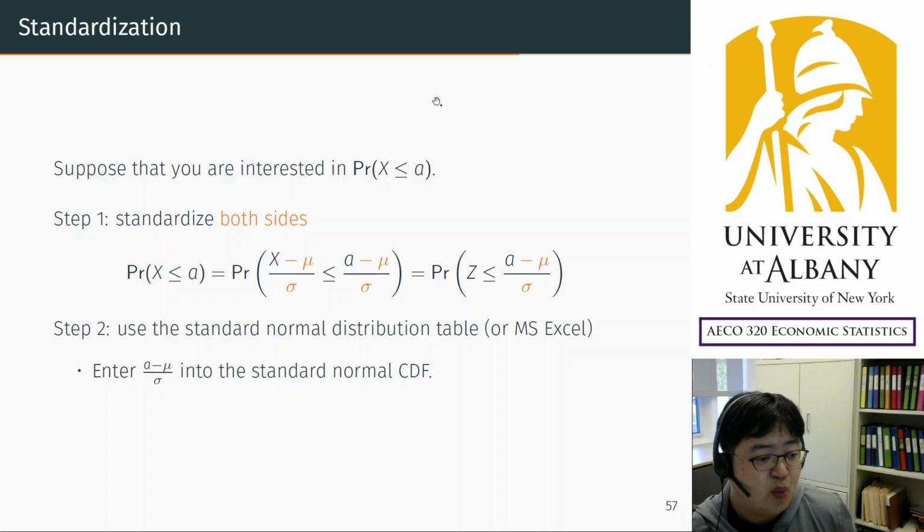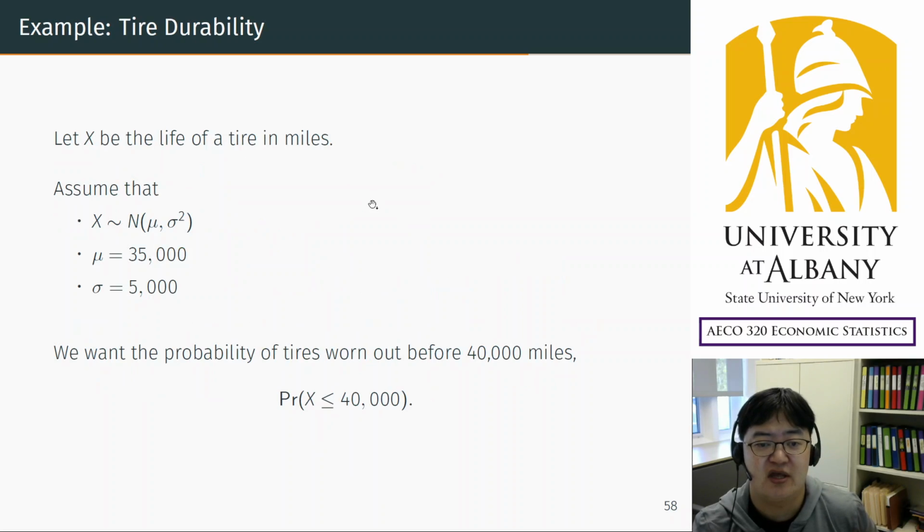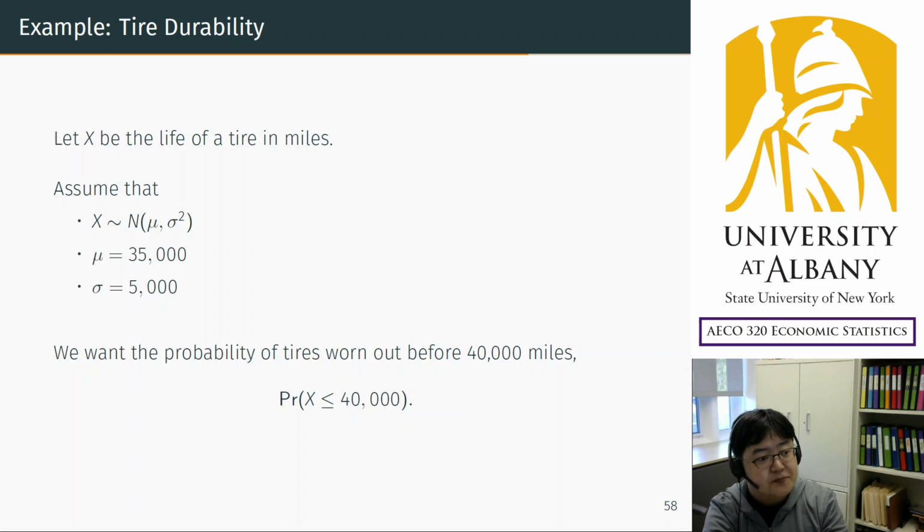Now, we are going to consider an example like this. Suppose that I'm interested in the mileage of a tire, like, say, the life, how long a tire can endure in terms of mileage.